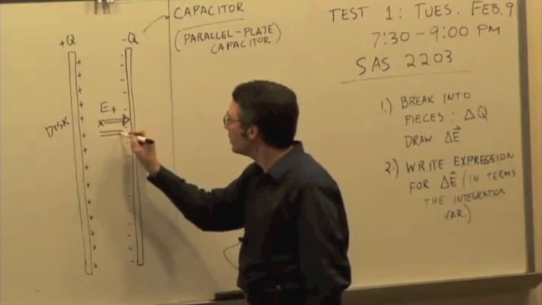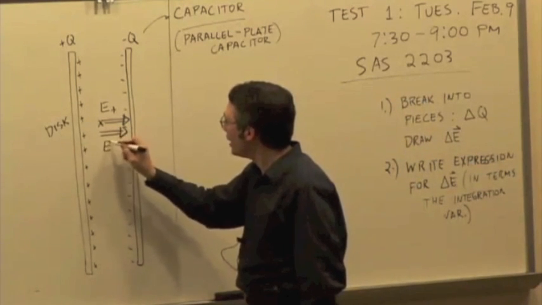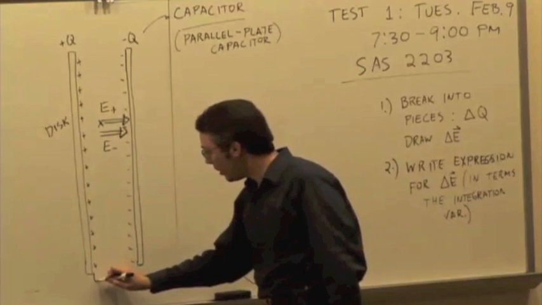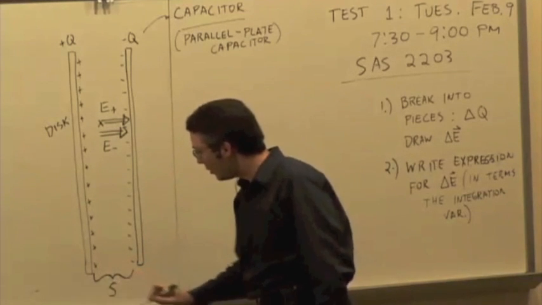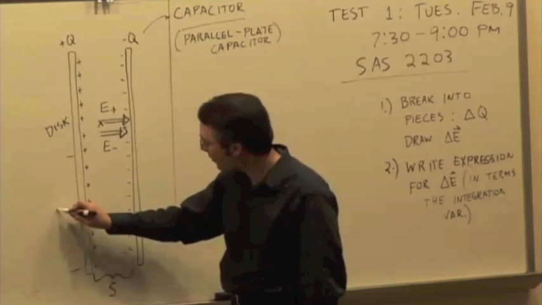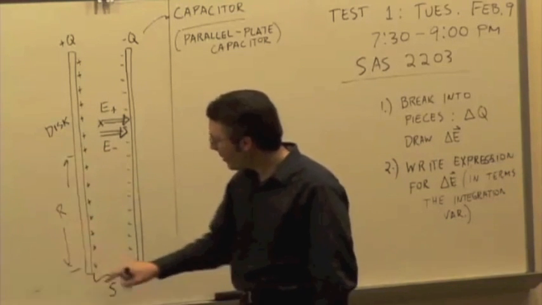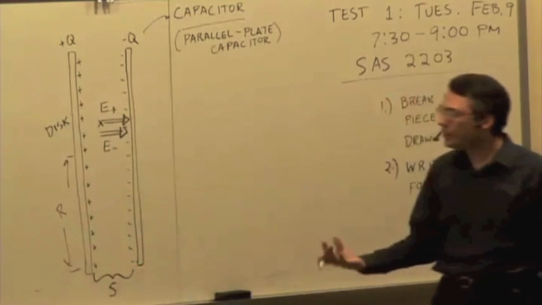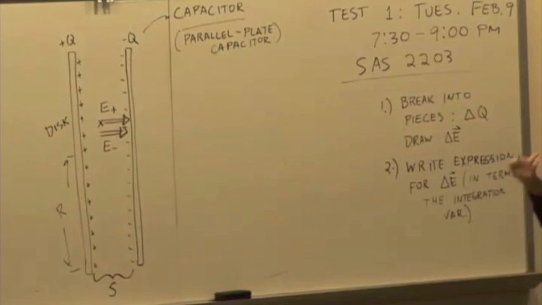Because it's pointing towards the negative. We'll call this distance S, which is just the gap between the two plates. If this distance S is small compared to the radius of the disk, we're not too far away from either plate, how do the magnitudes compare?